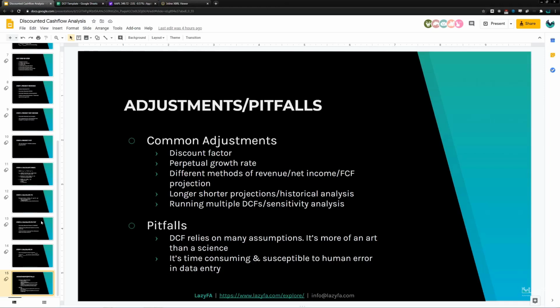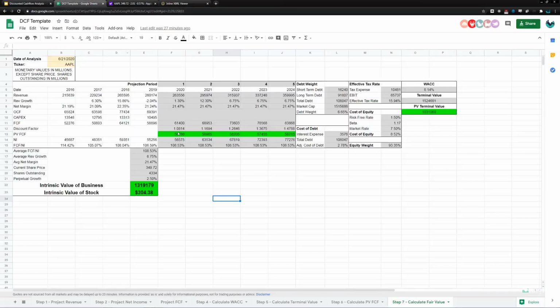So, lastly, I just want to talk about some pitfalls and common adjustments that people make to this. So when you're calculating discounted cash flow values, when you're calculating the intrinsic value of a stock, one of the key things is how much you're discounting those future cash flows by, right? If we were to change WACC here to only 3%, that's going to drastically change the value of the stock price.